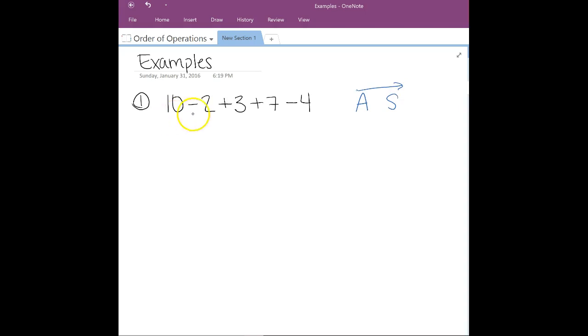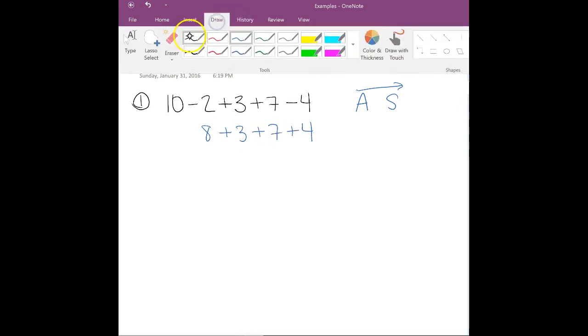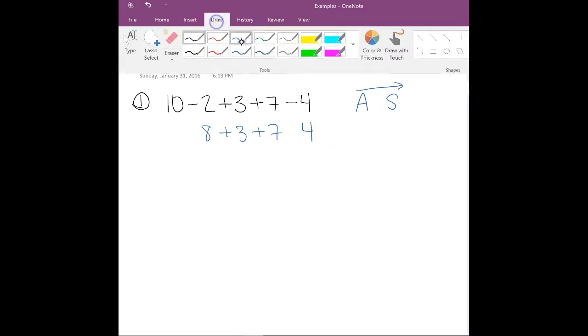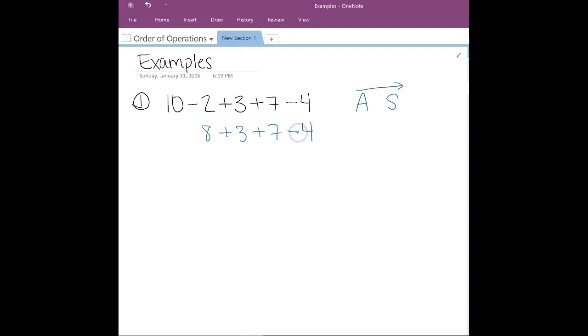The first one is 10 minus 2, which is 8, plus 3 plus 7 minus 4. Now we have 8 plus 3, which is 11, plus 7 minus 4. 11 plus 7 is 18 minus 4. And lastly, 18 minus 4 is 14.